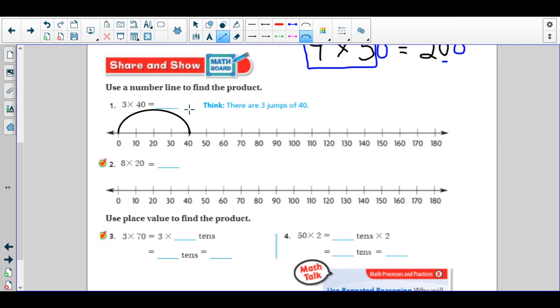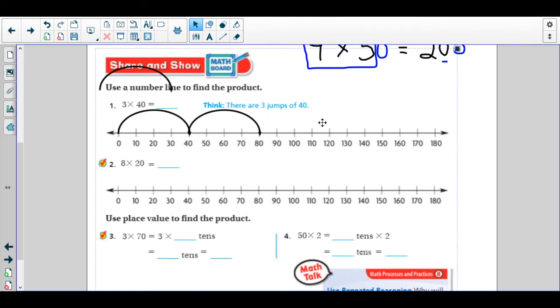So here's one jump of 40, and another jump of 40, and another jump of 40.